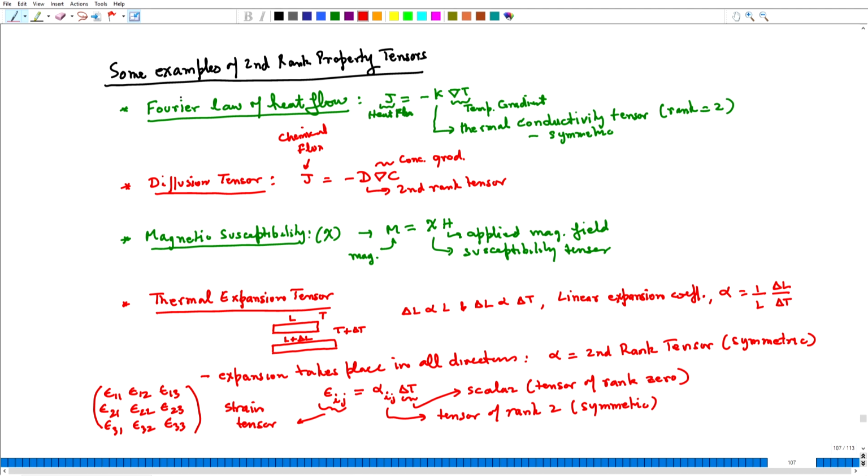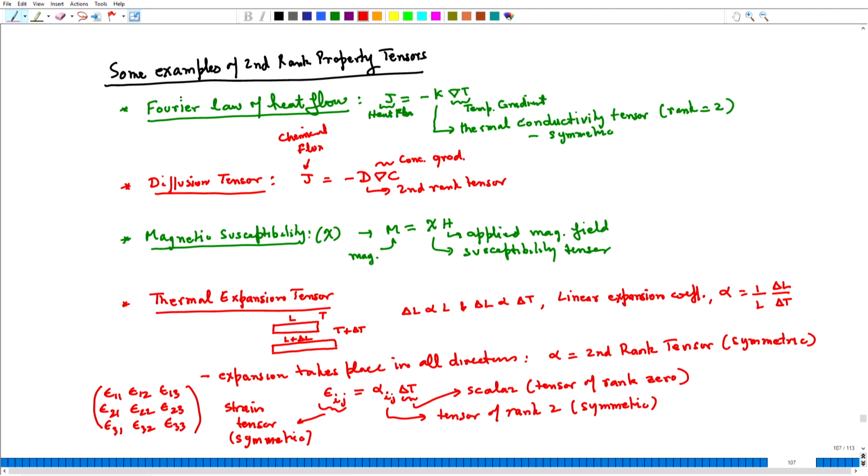So, this is strain tensor, rank 2 and symmetric, and because this is symmetric, the thermal expansion tensor alpha is also symmetric, and therefore, even this tensor will follow the same rules for all other second rank tensors that we have been discussing.